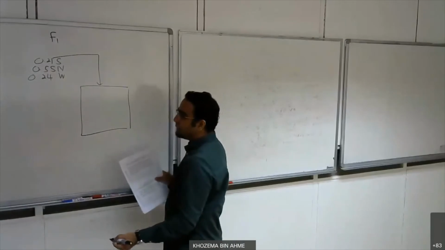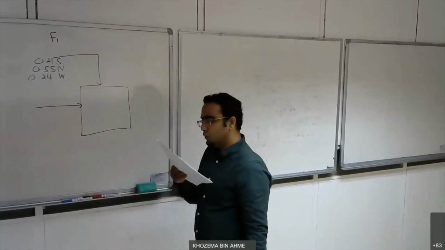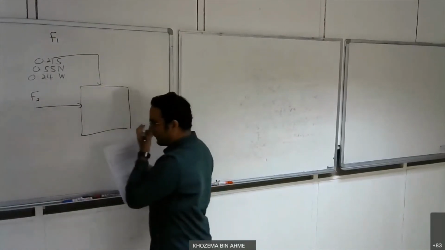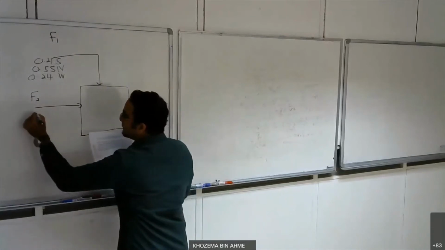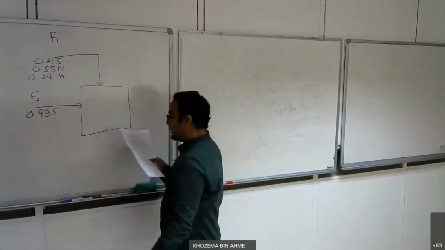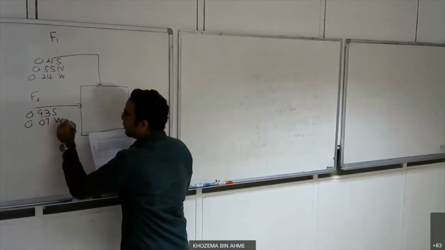It is added with concentrated sulfuric acid, which is your F2, which has 0.93 sulfuric acid, and the rest is water, which is 0.07 water.